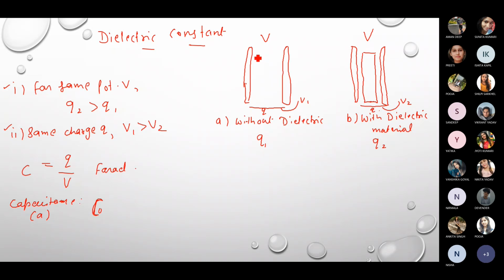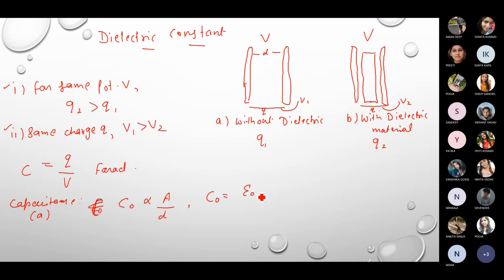Okay, so if D is the distance of separation between the plates of the capacitor, and C naught is the capacitance of the system A, then this is directly proportional to the area of the cross section and inversely proportional to the distance of separation of the plates of the capacitor, right? So this proportionality is replaced by a constant which is known as the permittivity of the free space.